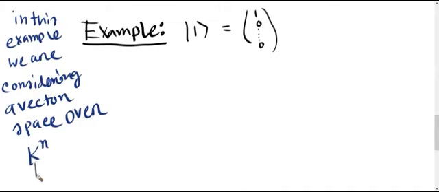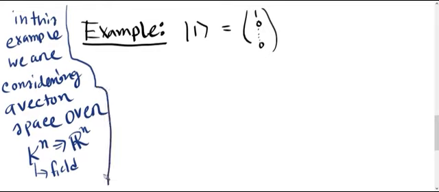This K is our field. You can say from these entries that K is just R, so instead you could write R^n. That is, the entries will have an n-tuple of numbers associated with it. This is the side note for our example.